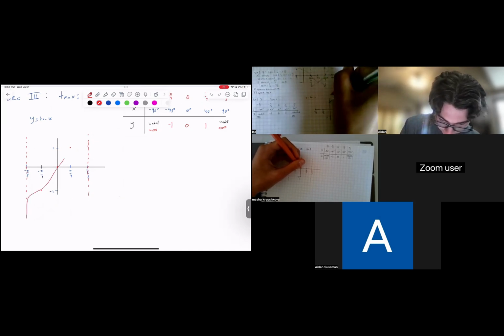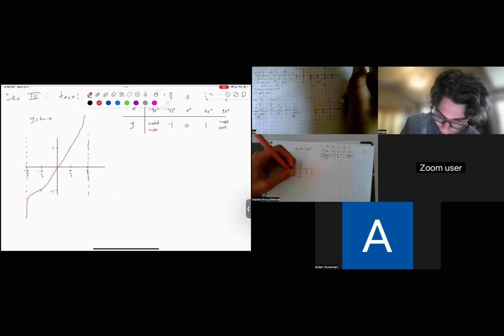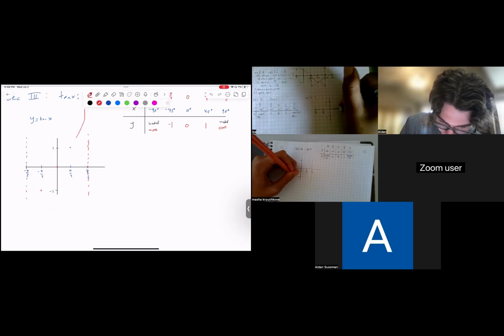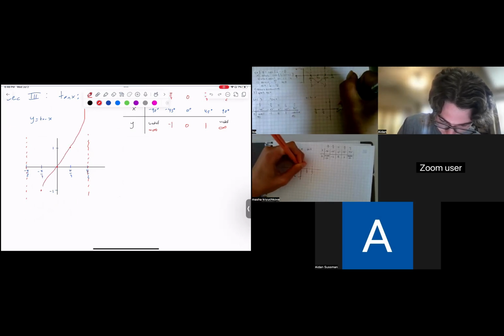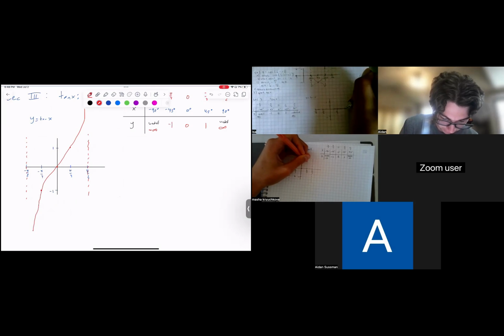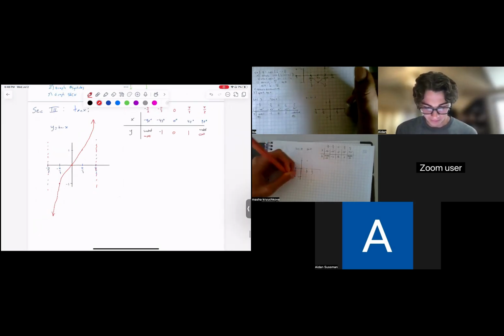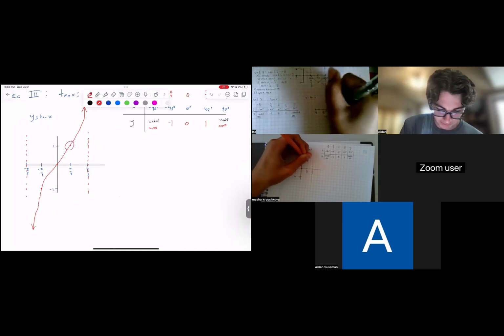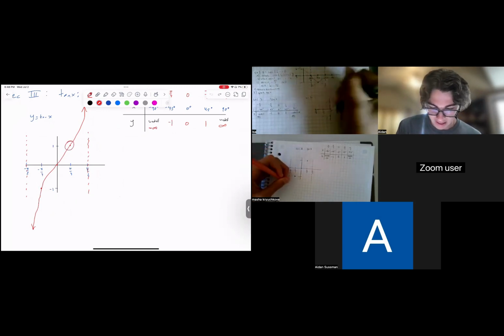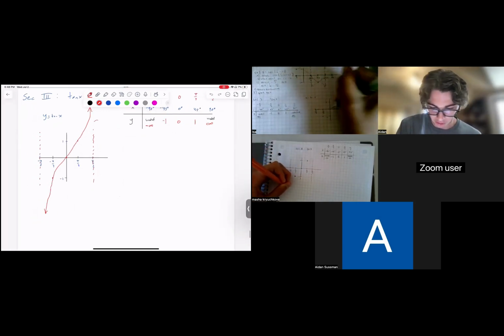It's going to look a lot like our x cubed graph. But this is what it looks like. And all you need to remember is to mark these points and to mark our asymptote.